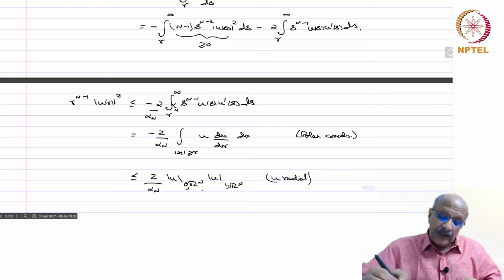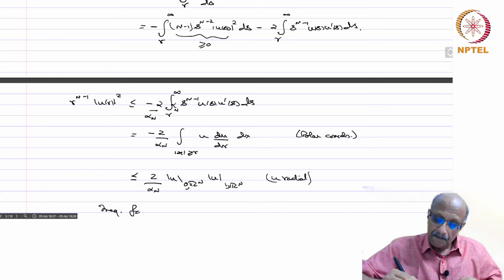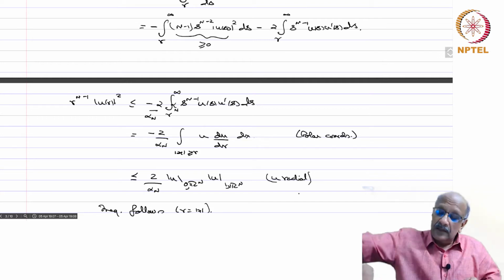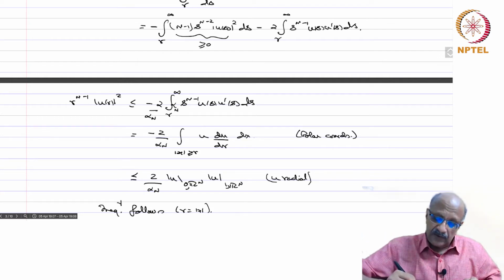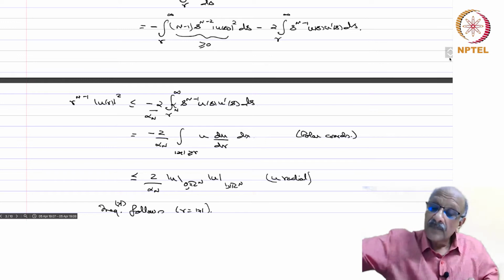And therefore the inequality now follows, because you just take R equals |x|. So if you just put that, then inequality star follows.